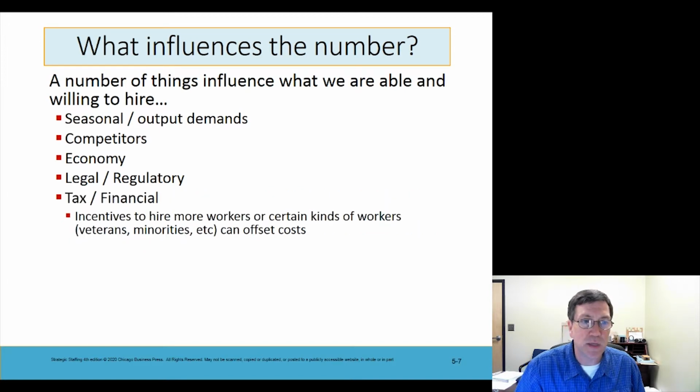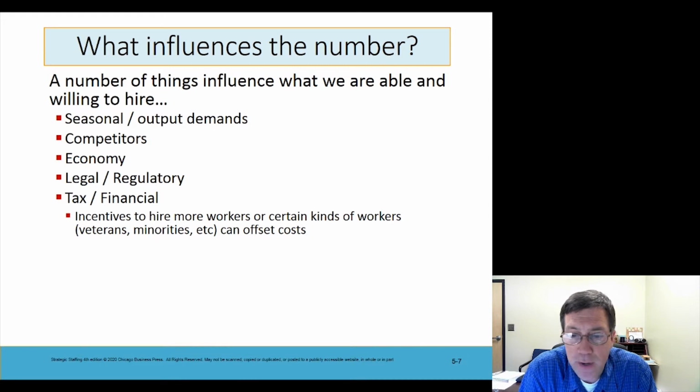The next thing is tax implications or financial implications. And kind of related to the government and the regulatory and the legal and the economy and things like that, there are times when there are incentives given to hire certain kinds of workers, like the Vietnam Veteran Era Reinvestment Act or whatever it was called, says that if you hire Vietnam veterans, we'll give you a tax break and you'll have to pay less in taxes for those folks.